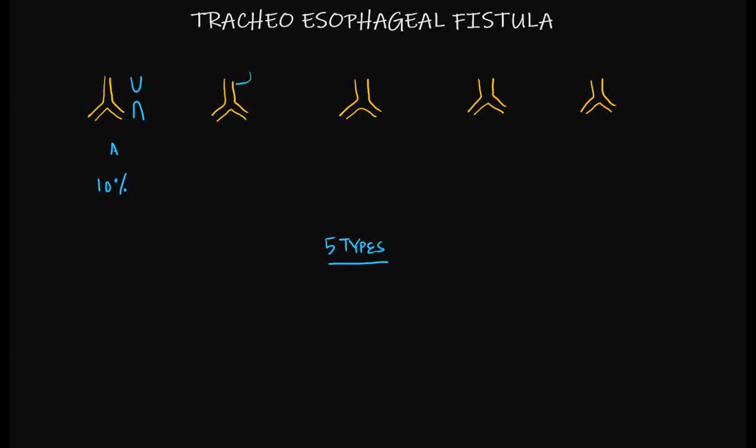In type B, the proximal part has a fistula whereas the distal part is atretic. Less than 1% of the cases are of B type. In type C, the proximal portion is atretic whereas the distal portion has the fistula, and this is the most common type, accounting for 85% of the cases of tracheoesophageal fistula.